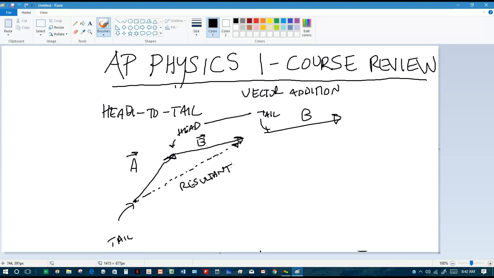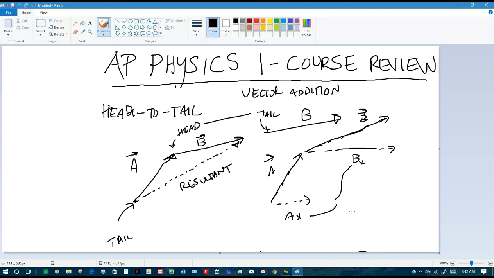There's a fairly involved trigonometry process for working that out, which I'm not going to go over. But very quickly, the idea would be you'd have to work out what the x component is for A, and what the x component is for vector B. And these would have to get added together, right?